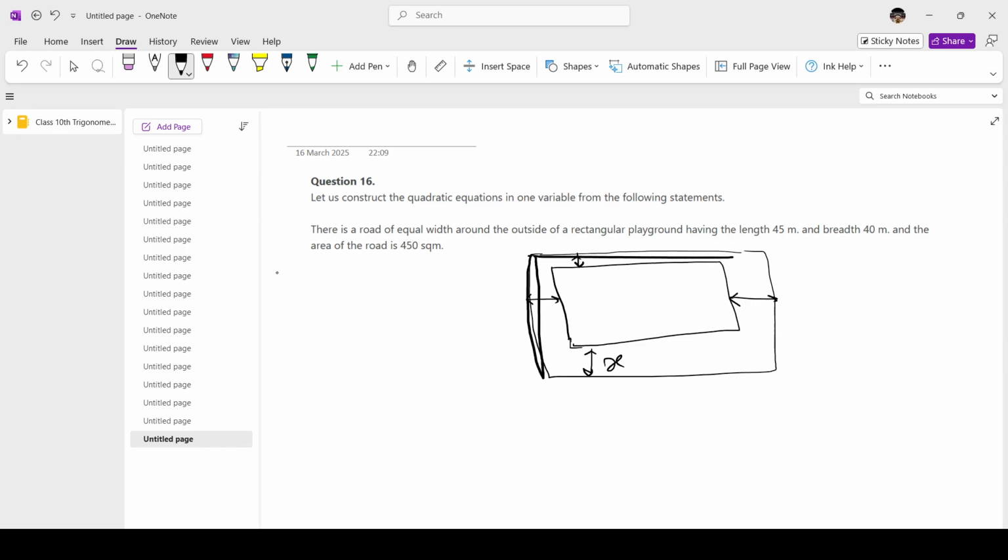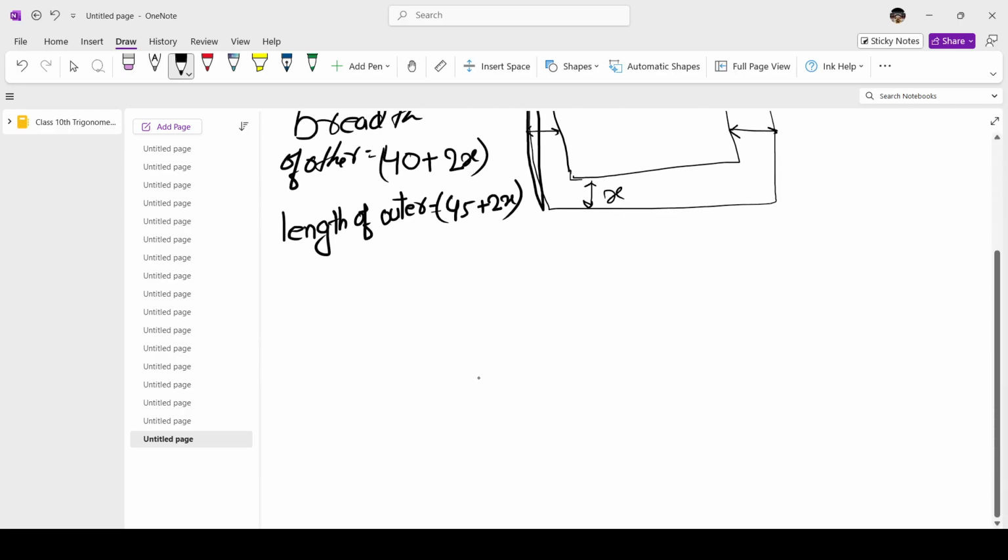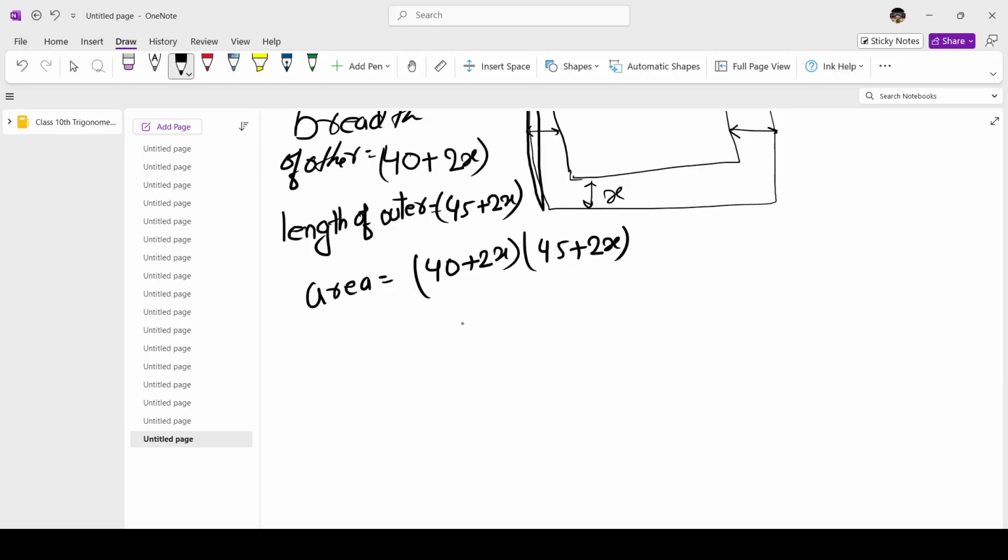The breadth of the outer will be 40 plus 2x, and the length of the outer will be 45 plus 2x. Now for the area, we will multiply these, so this will be our area.